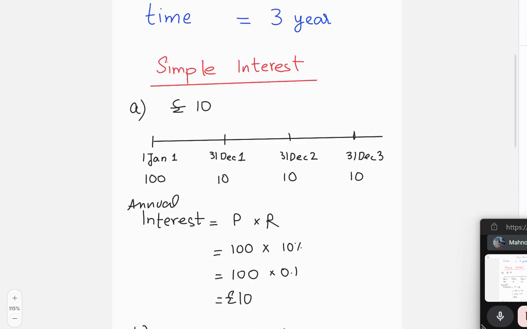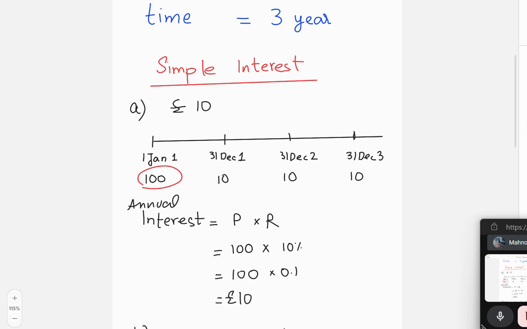So basically, what will happen at the end of the investment when the investment period is over? What will the bank do? They will give you your principal back. And as you know, you already have the interest for each year in your bank account. So the total basically is this 100, this 10, this 10, and this 10.